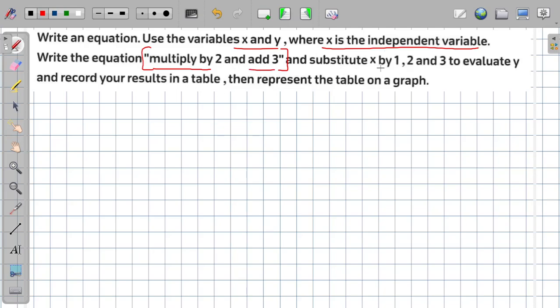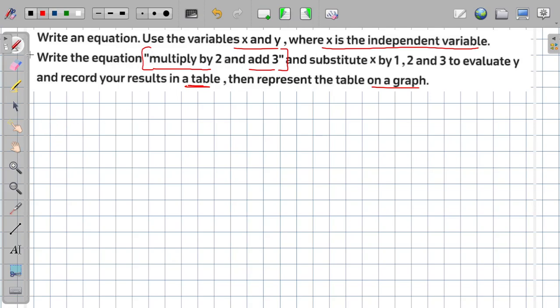And I will substitute x by 1, 2, and 3 to evaluate y. And after that, I will record my results in a table. After that, I will represent the table on a graph. So I have many demands here. Let's try to solve it one by one.